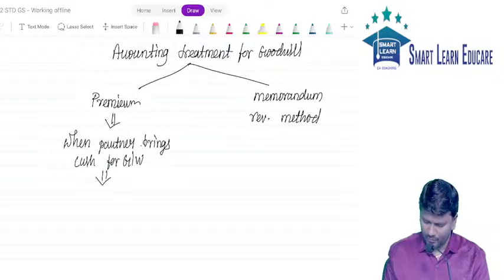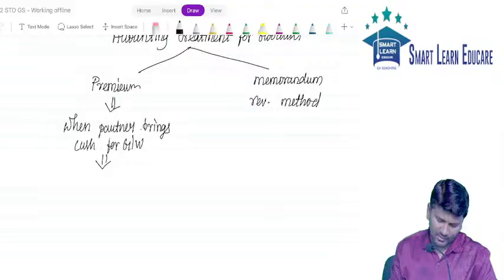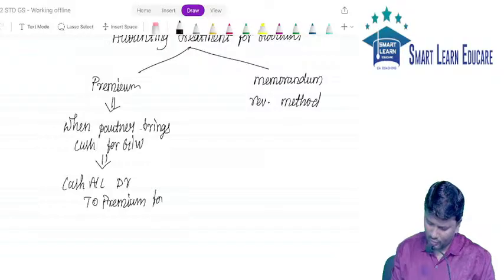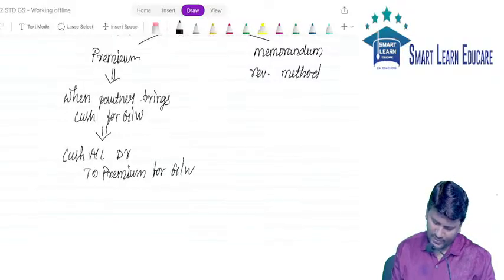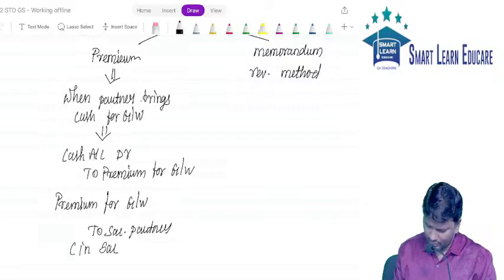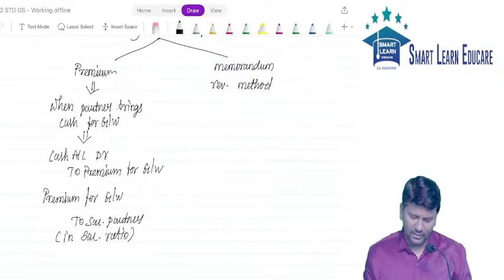In the premium method, the first journal entry is: Cash account debit to premium for goodwill. Second entry: premium for goodwill account debit to sacrificing partners in the sacrificing ratio. For goodwill, the ratio we require is the sacrificing ratio.